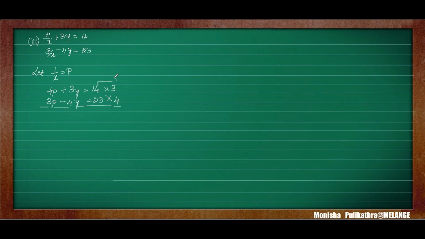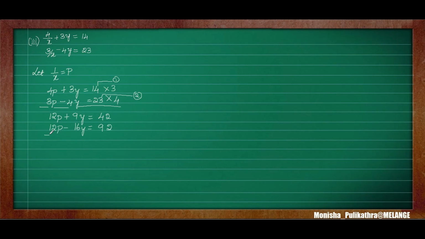So 3 4s are 12p plus 3 3s are 9y is equal to 14 3s are 42. 4 3s are 12p minus 4 4s are 16y is equal to 23 4s are 92.